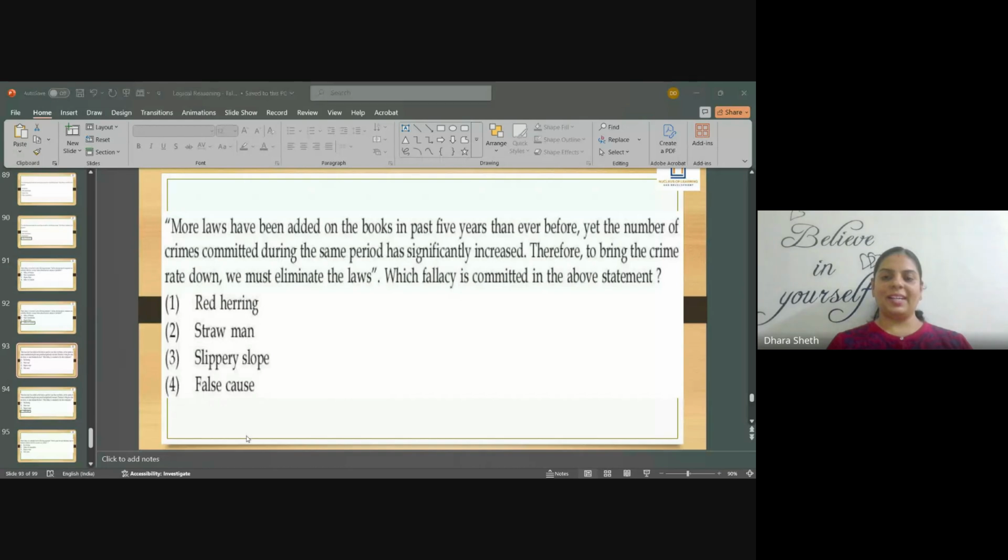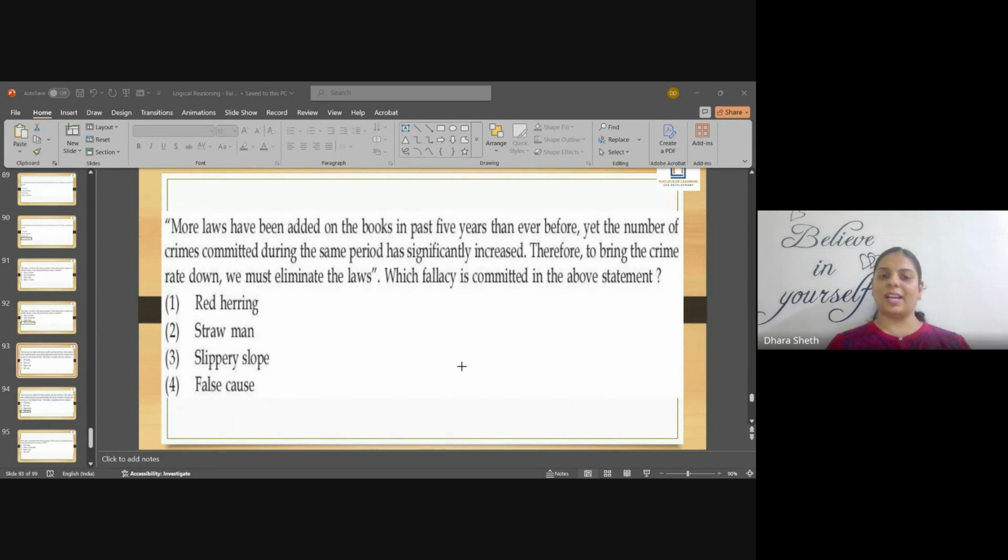More laws have been added in the past 5 years than ever before.